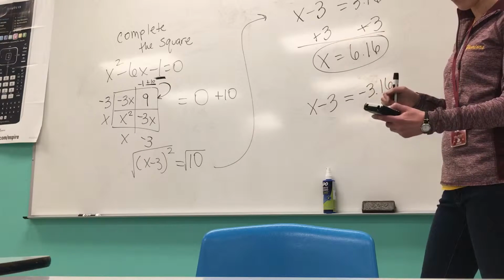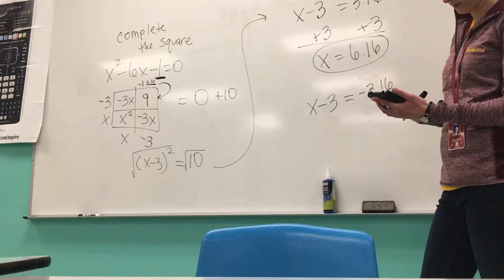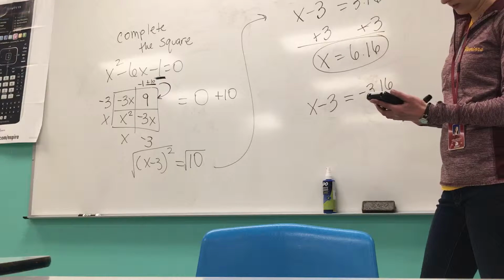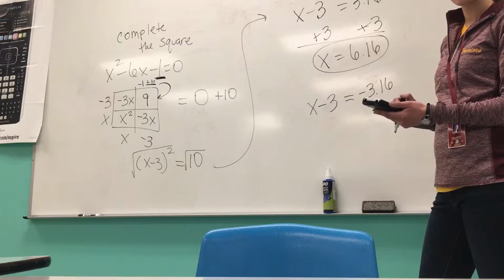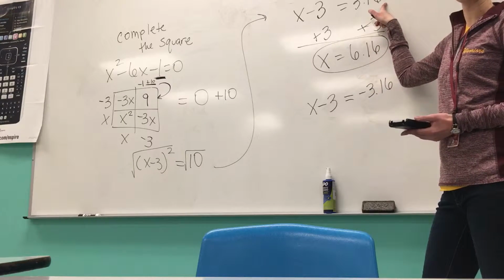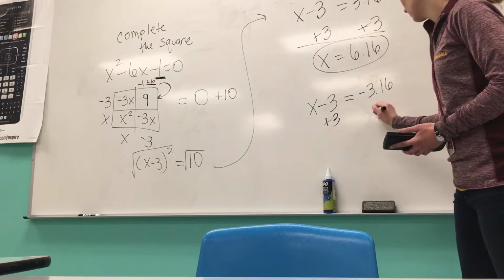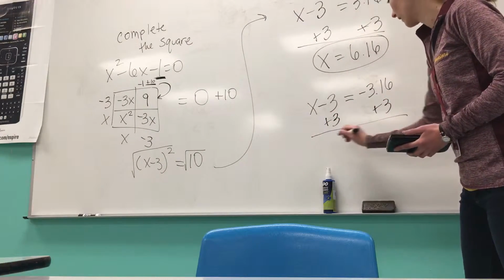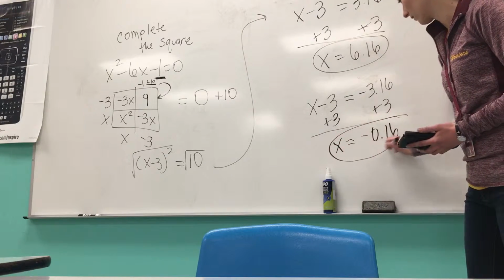If you type this in the calculator, negative 3.16 times negative 3.16, you get really darn close to 10. You get 9.9856. That's because we rounded this number. Okay, so that's why it's positive, or it could be negative. I still add 3. I'm going to get x equals negative 0.16 for the second answer.